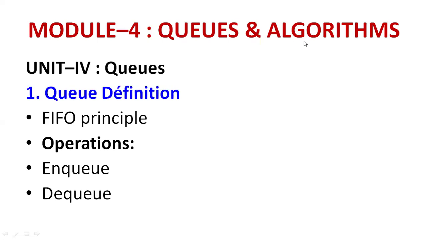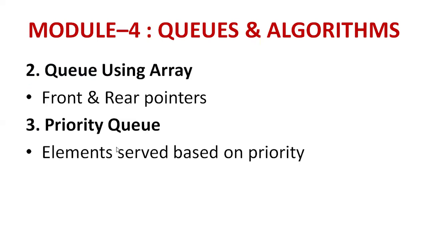The other one is queues and algorithms, which belongs to module number 4. A queue follows the first in first out principle, FIFO. Please don't forget this. It includes the following operations: enqueue and dequeue. These are the 2 important operations concerning a queue, right?